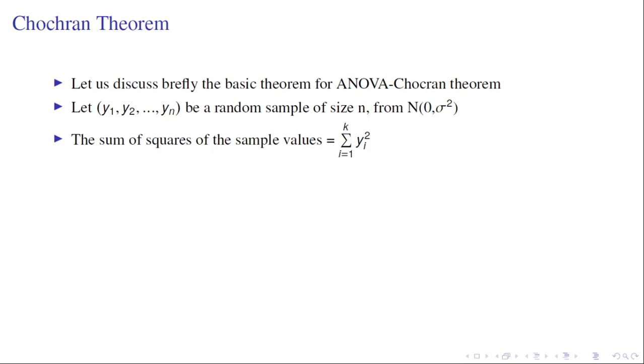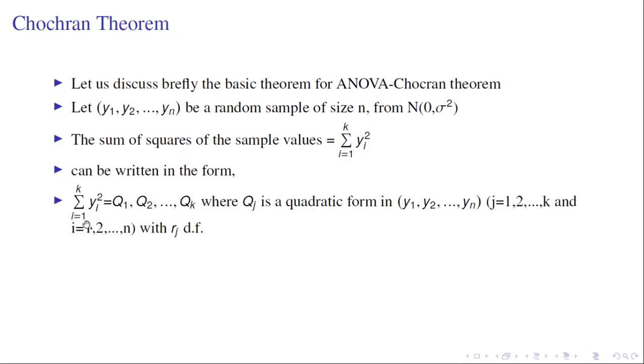The sum of squares of the sample values, summation i equal to 1 to n yi square, can be written in the form q1 plus q2 plus ... plus qk, where qj is a quadratic form in y1, y2, ..., yn with rj degrees of freedom, and j runs from 1 to k.